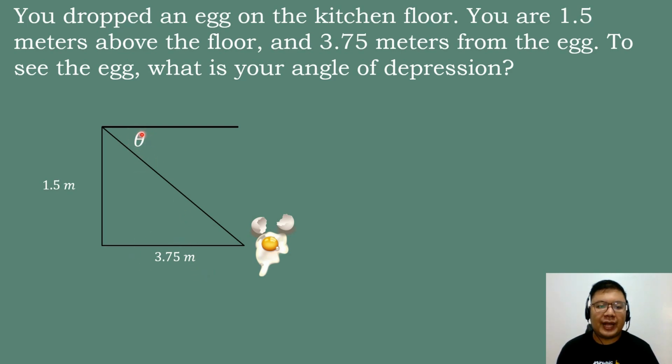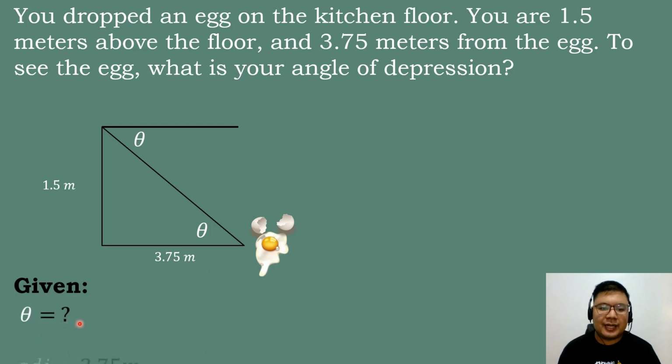And to solve for that, we all know that the angle of depression is congruent with the angle of elevation. So they are equal with each other. So let's use this as our reference angle or given angle. And if this will be our reference angle, we have the value for our opposite side, and we also have the value for our adjacent side.